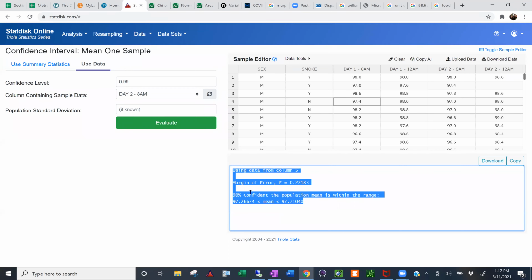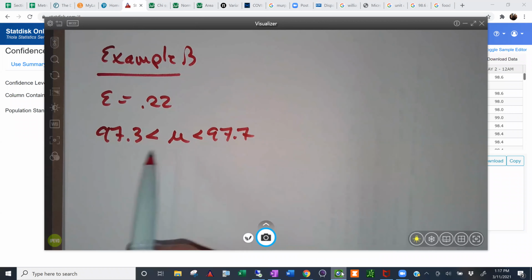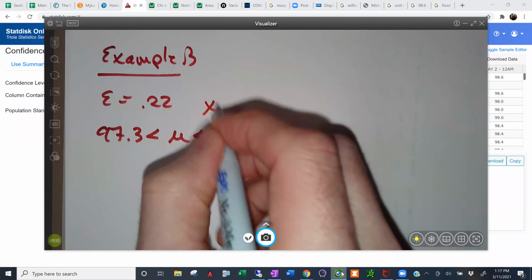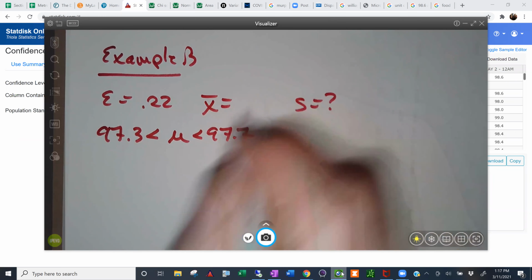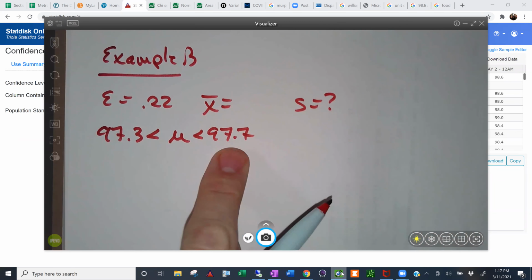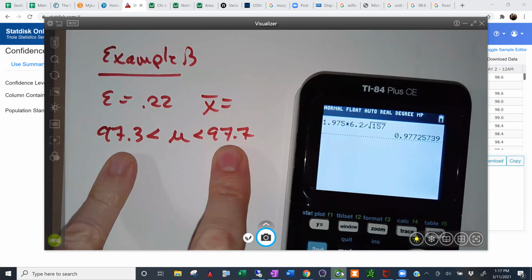There is one annoying thing that's missing out of this, and we can get it a couple different ways. The one thing that's missing that I don't like about this is it doesn't tell me what the actual mean is. Well, what's X bar for this data? And for that matter, what's S? Well, they don't tell us. As far as the mean is concerned, you can get that just by averaging those two pieces of data.